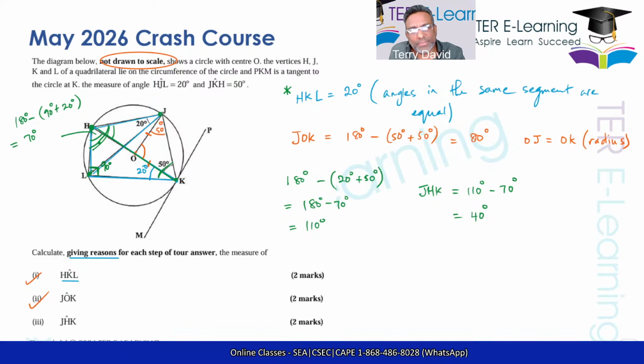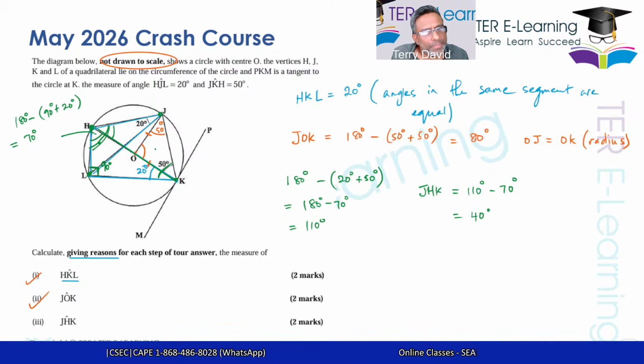Not HKL, sorry. You can use JOK. JOK is 80 degrees, and half of 80 is 40.